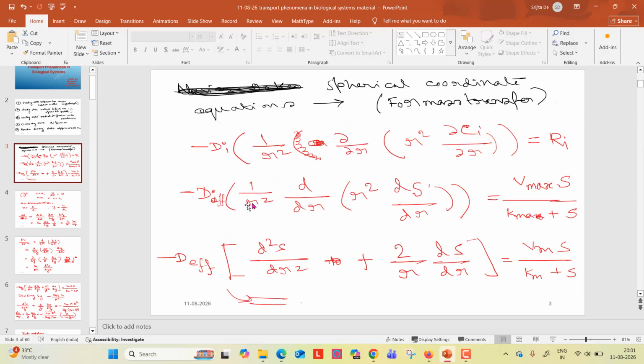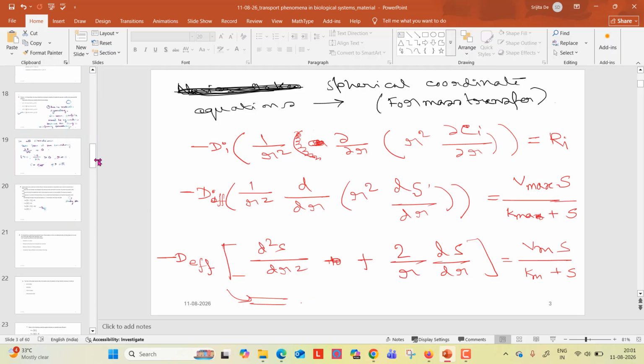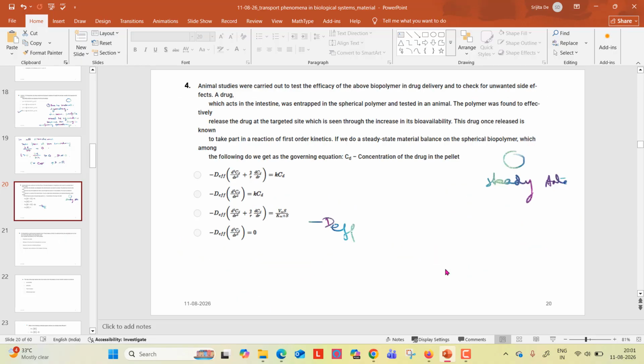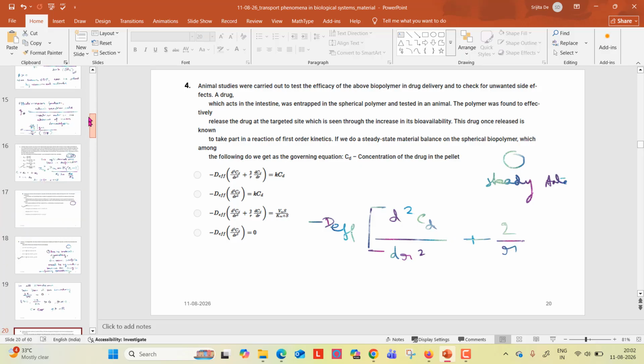This is the similar one. The left hand side will be exactly similar, so we'll write it directly. We are not doing the derivation here. So the concentration of drug is given, so it will be d2CD by dr2 plus 2 by r, right? Here also it is there. So it is coming from the first step itself.